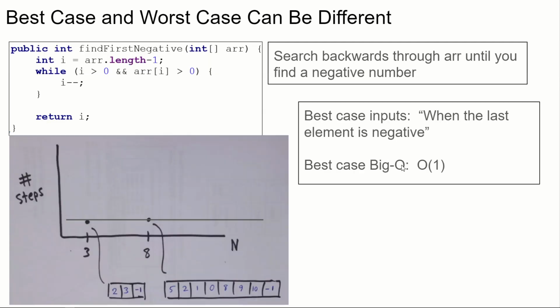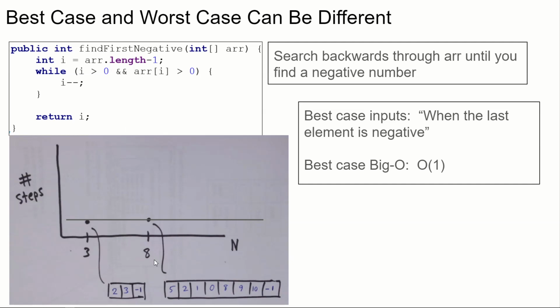Okay, so a best case, so a lot of people said, yo, the best case is when the array is length 1. But that's not how best cases work. Here's an example of a particular arrangement of numbers that would be a best case for a length 3 array. Here's a best case for a length 8 array. In both cases, you have a negative number as the first thing that we check, which is the last element in the list.